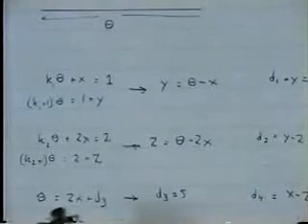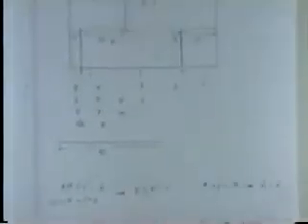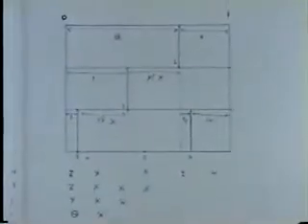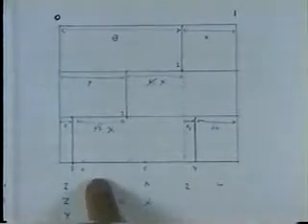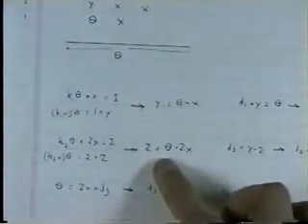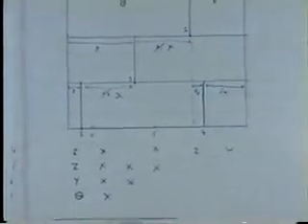Okay? And going back to the diagram now, what we now know is that z is equal to theta minus 2x. What does that tell me?